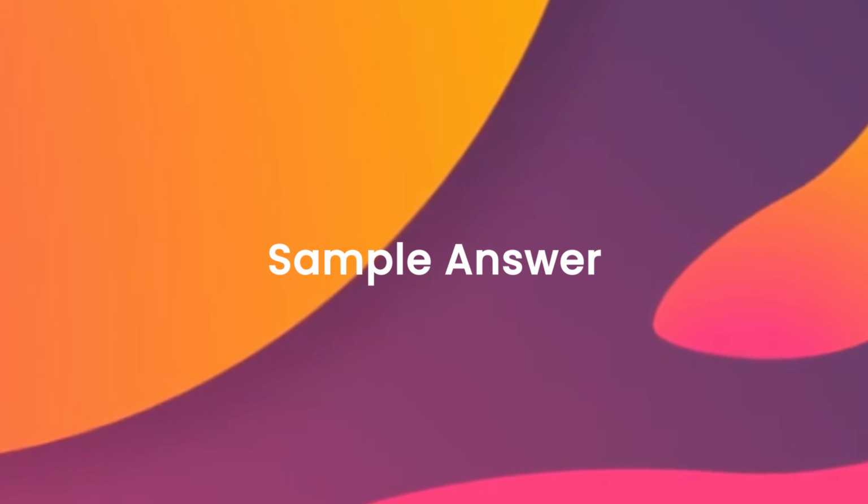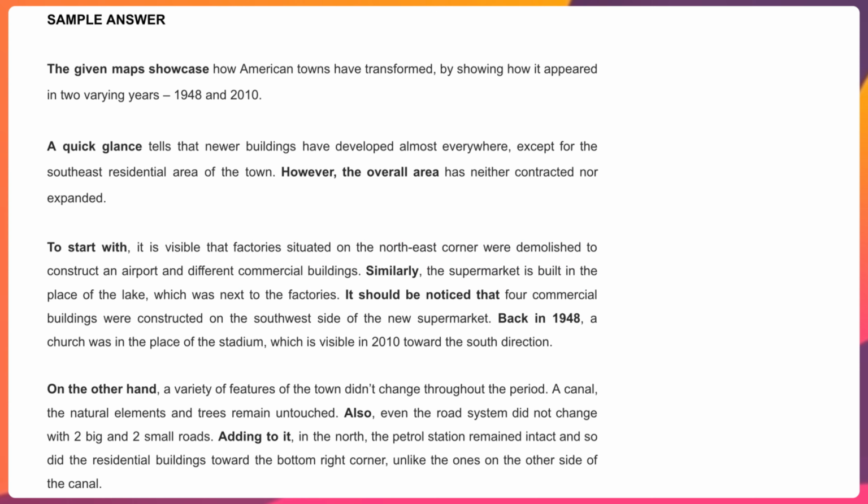To understand this better, let's move on to the sample answer, and you can see that the introduction is a very good paraphrase of the question. That is, the given maps showcase how American towns have transformed by showing how they appeared in two varying years, that is 1948 and 2010.